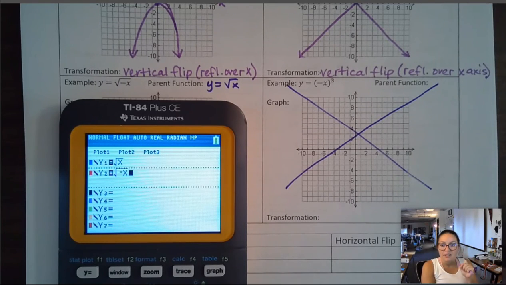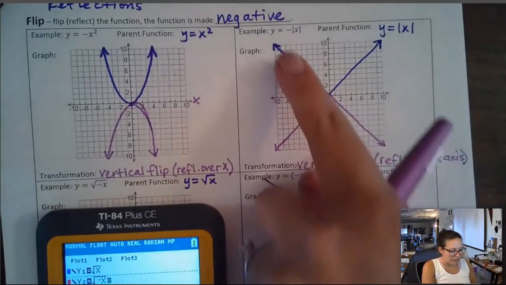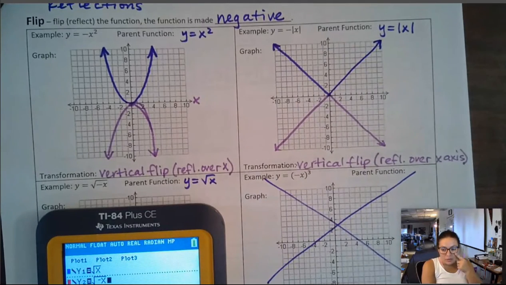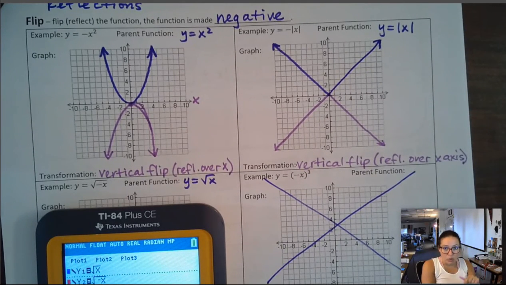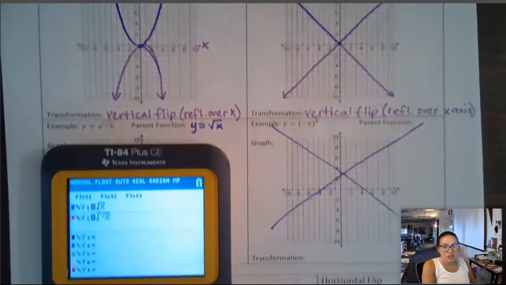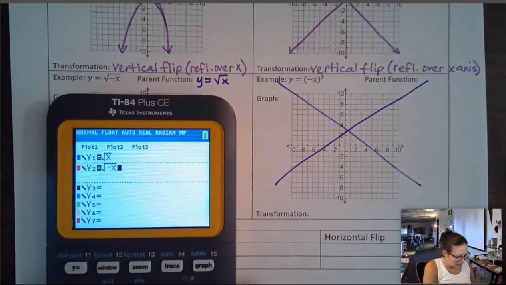The negative is in with the x. It's in the square root with the x, as opposed to just being out front. And as we've seen through all of these transformations, depending on where the thing is located in the equation, it's going to change the function differently.